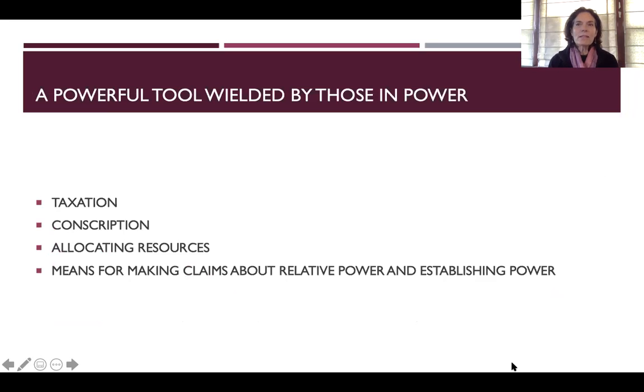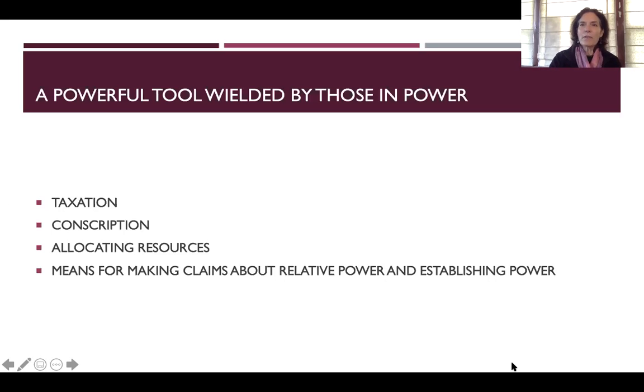And they were a means of making claims about relative power. Larger countries, larger empires were afforded more power in terms of their populace. Those reasons still exist today and may still be the reasons for censuses in many other parts of the world.